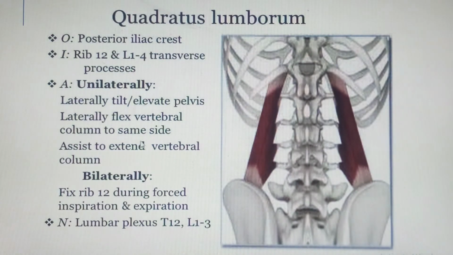But if bilaterally both of them contract at the same time, then it helps fix these ribs during inspiration as well as expiration. During forced breathing, you can actually help in fixing these ones. So I told you, yes, it will be supplied by, of course, T12, L1 to L3 nerves.